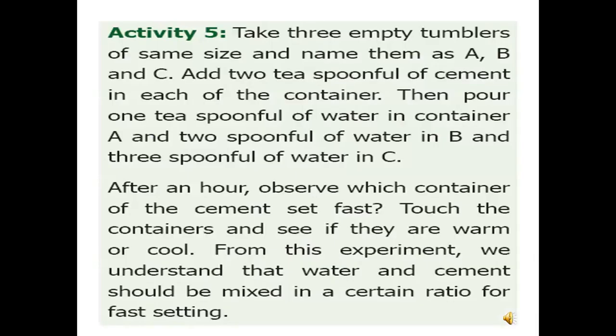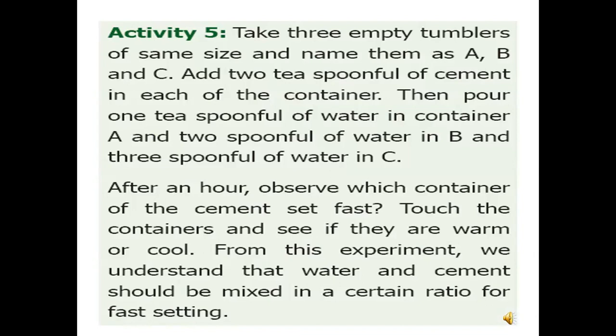Next, let's see one activity. Take 3 empty tumblers of the same size and name them A, B and C. Add 2 teaspoonfuls of cement in each of the containers A, B and C. Each container should be the same size.